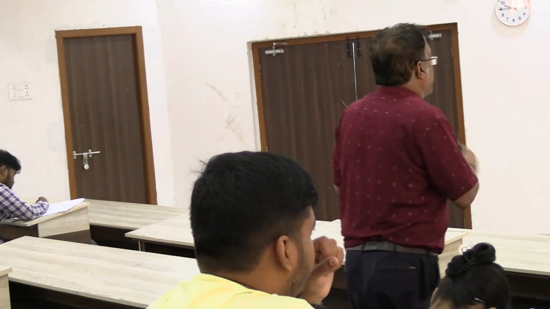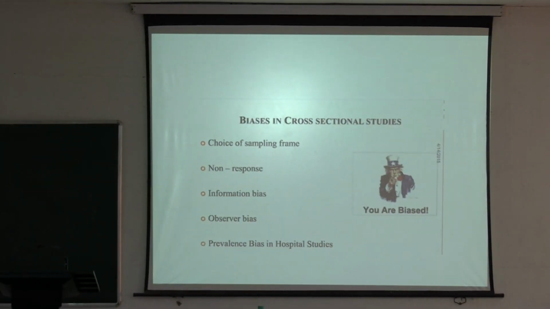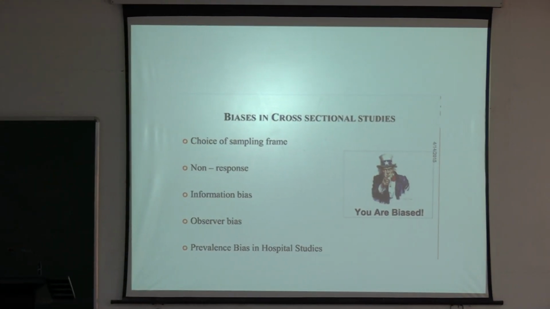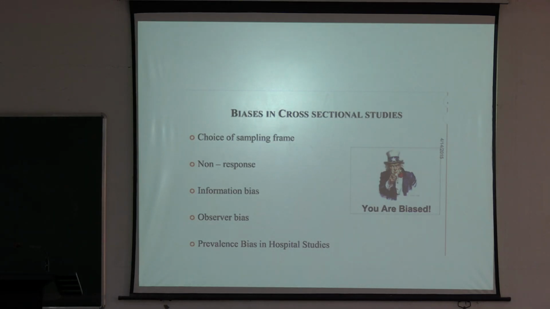The fourth one is observer bias. Observer bias is when you are observing certain things and the person knows you are observing, so he corrects himself.